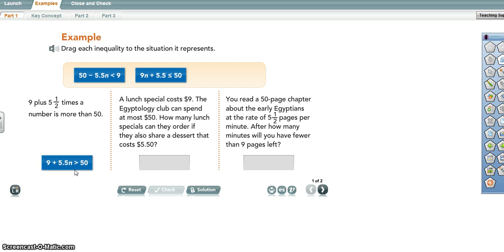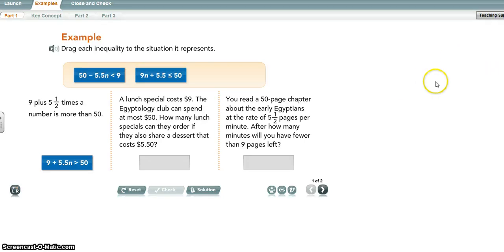Okay, let's look at the second one. A lunch special costs $9. The Egyptology Club can spend at most $50. How many lunch specials can they order if they also share a dessert that costs $5.50? Okay, so we want to know how many lunch specials they can get.